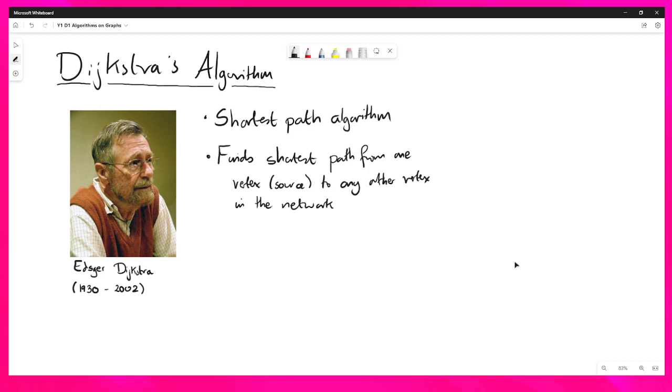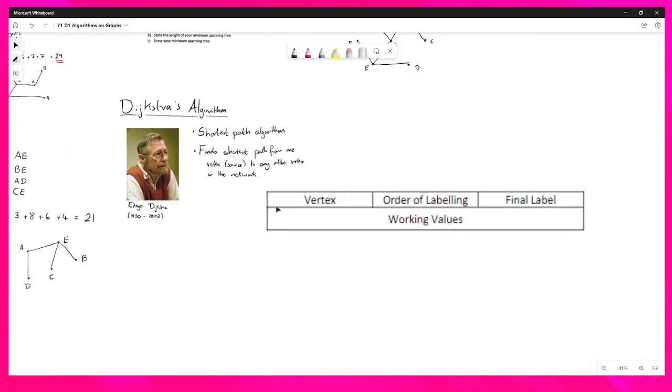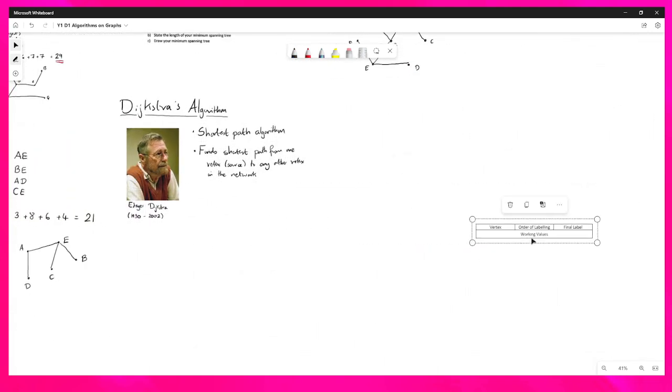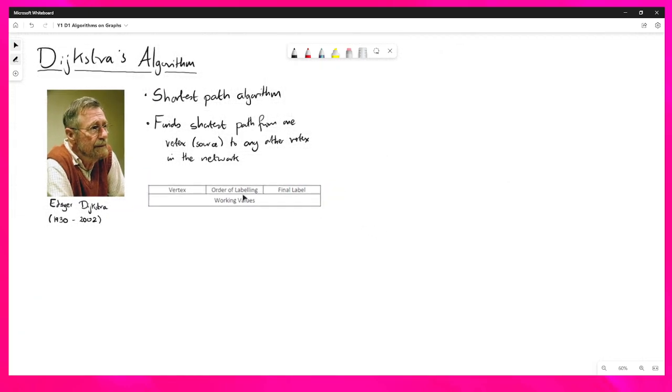For the Edexcel specification, the layout of this algorithm is incredibly specific. And the first thing you have to do is start by relabeling every vertex in the network with a box that looks like this. The whole point of the algorithm is you label the vertices as you go.